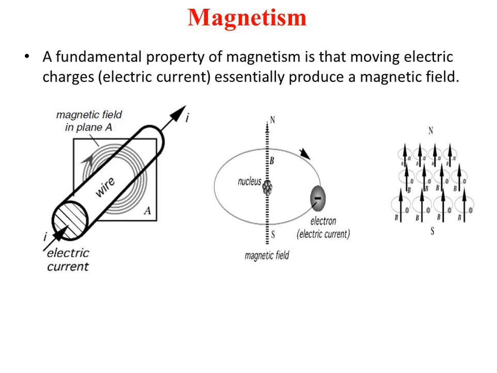Now you can see that if you put a charge in a magnetic field, it will exhibit a force and try to move in one direction only.